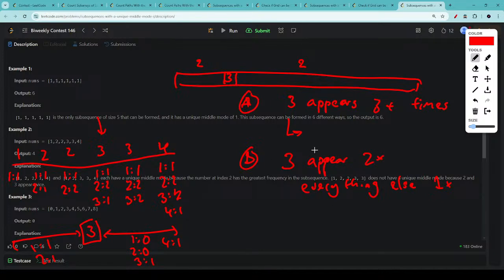So let's look at this case. If 3 appears at least once, well, one time I'm going to pick this, right? So there's only one possibility. And then everybody else has to appear exactly once. So what's the count where everything occurs exactly once? Well, I pick everybody that is non-zero and not 3, and I do n choose 2.